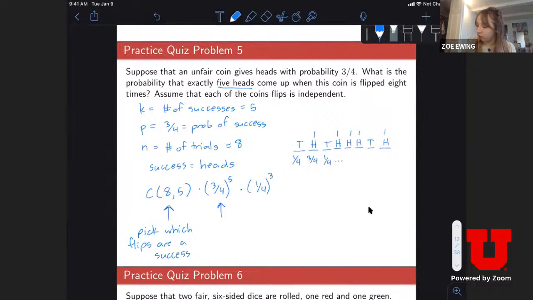And then our 1/4 is to count each of these tails, which have a probability of 1/4. So we have 3 tails. Okay, and then that will hopefully help you when we have like best of 7, because those ones are a little bit trickier to figure out since you can't just plug everything in directly.